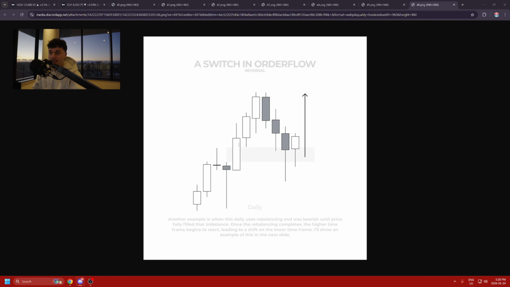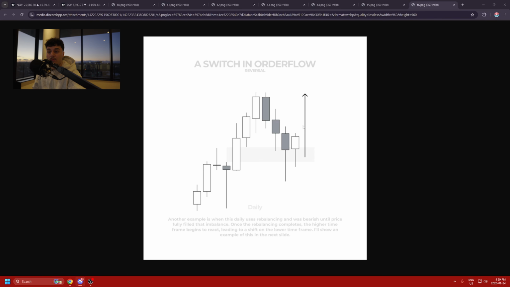Another example is when price, in this case on the daily, is rebalancing on the higher time frame. So you have 3 red consecutive days, and then you're finally rebalanced, and now you're looking to distribute higher and change your order flow. So where would your point of interest be? Around this area, and it might take a little time for it to form in the lower time frame. But once you have that buy sequence and change in order flow, you should be clear for the high here, right?